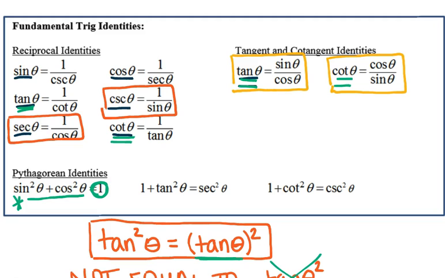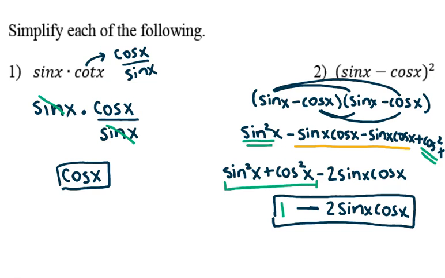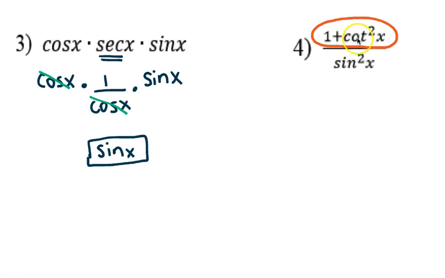If I go back here, 1 plus cotangent squared x, I can see that that's just equivalent to cosecant squared x, or in that case, cosecant squared theta. So I'm going to replace that numerator with cosecant squared x. And in the denominator, we'll have the sine squared x.